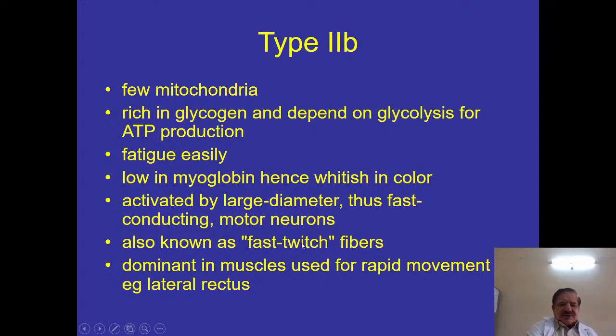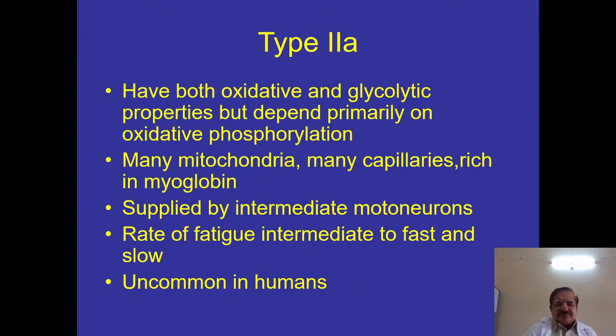Also known as fast twitch fibers, dominant in the muscles used for rapid movement, for writing, eye movements and other things. These are mostly uncommon in humans.